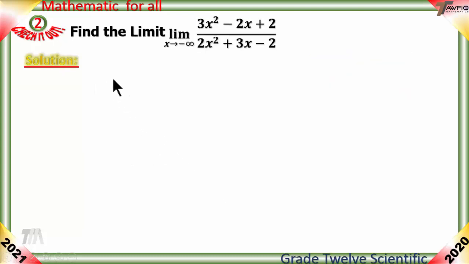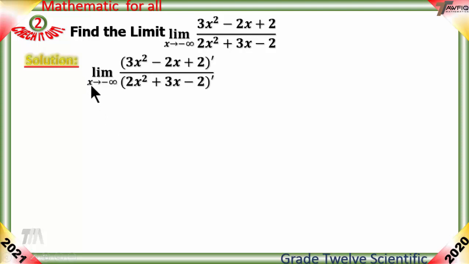And now find the limit when x approaches minus infinity of 3x squared minus 2x plus 2 over 2x squared plus 3x minus 2. By using L'Hôpital's rule, we take the derivative of the numerator and the denominator.